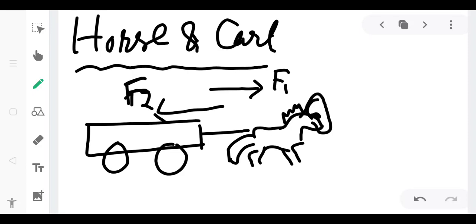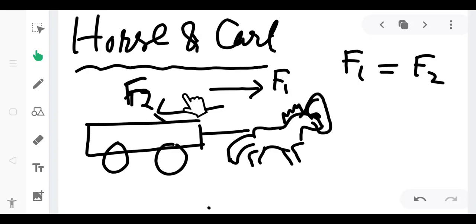When the horse applies a forward force F1 on the cart, according to Newton's third law, the cart also applies an equal and opposite force F2 on the horse. It means both F1 and F2 are acting in opposite directions. They are equal, F1 equal to F2, but their directions are opposite.